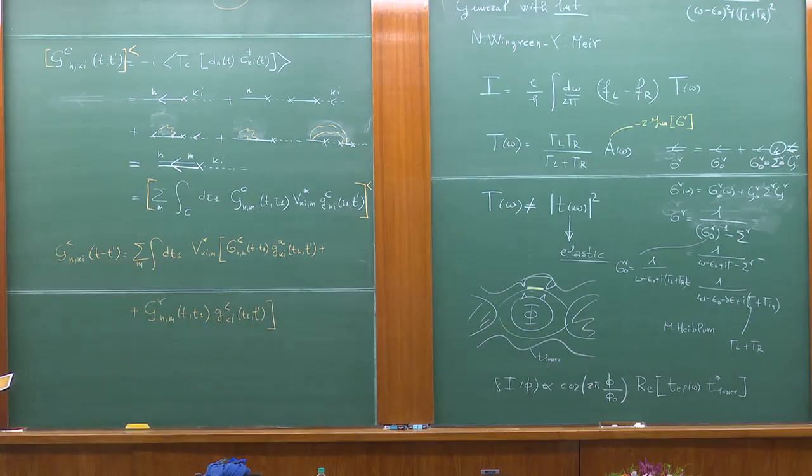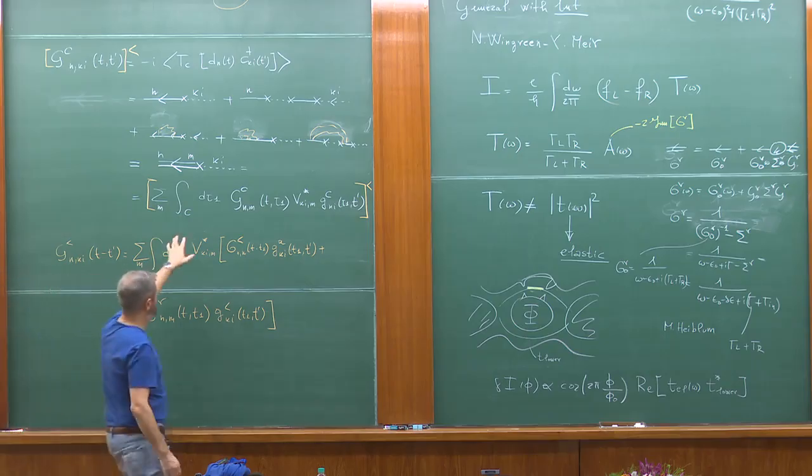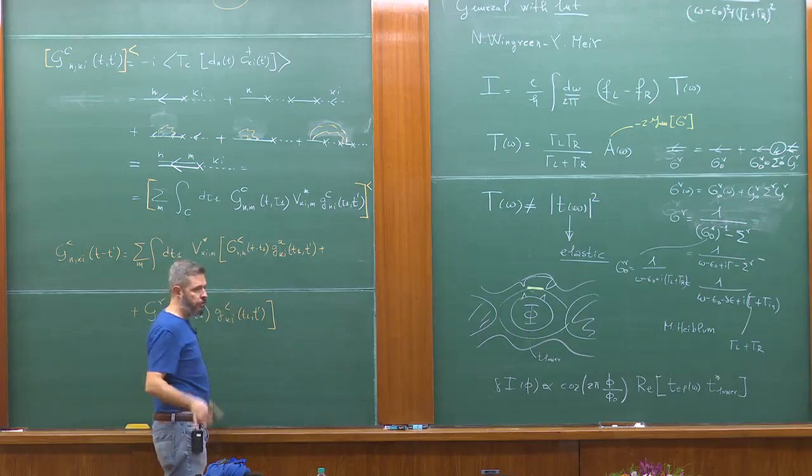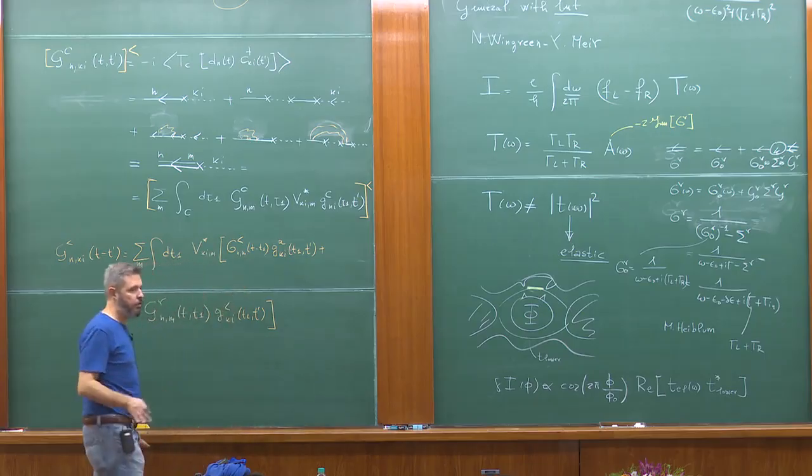Yeah. The diagram from the interaction, there also the time integral is in the contour. Sorry, can you repeat the question? When you usually add up these diagrams, you do it in the Fourier space, but here you're doing everything in time. Yeah, so here, when I write a C, it means I'm integrating over the contour. For the interaction diagram, all on the contour, everybody on the contour, all of it.